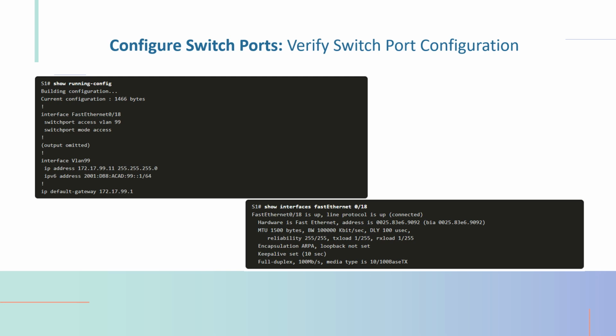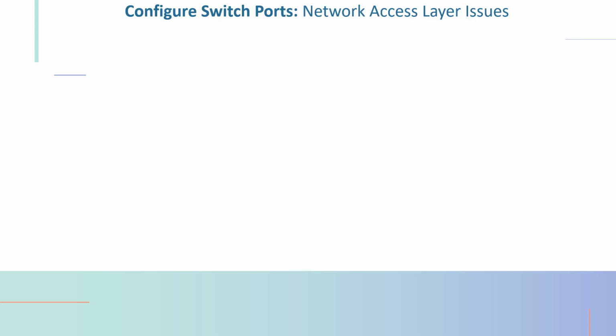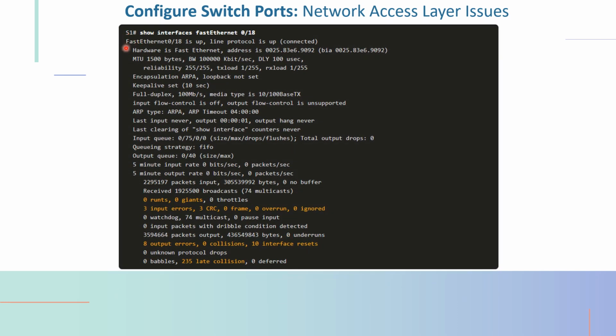You can get a lot of different information by using the show interface command, which is useful for detecting common media issues. One of the most important parts of this output is the display of the line and data link protocol status, as shown here in the first 3 lines.